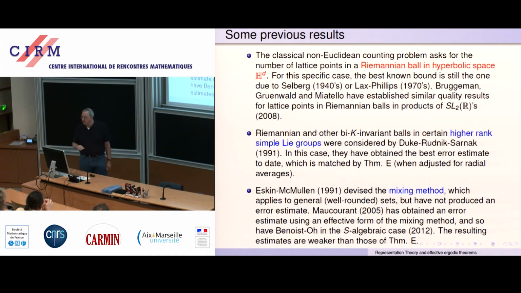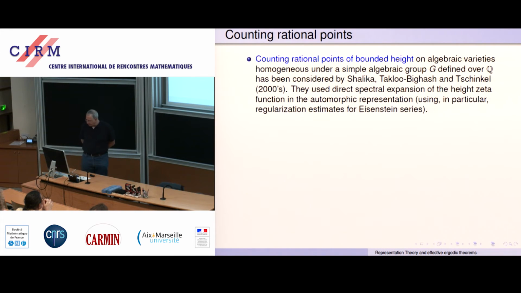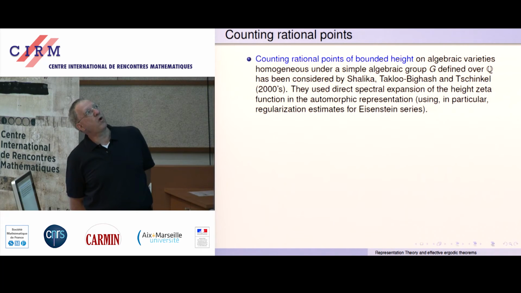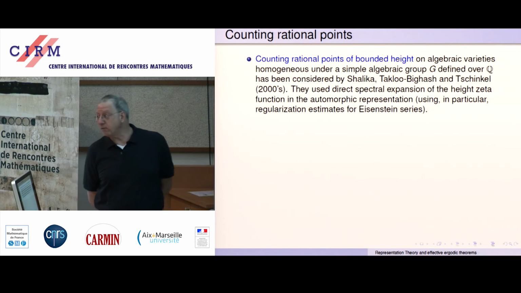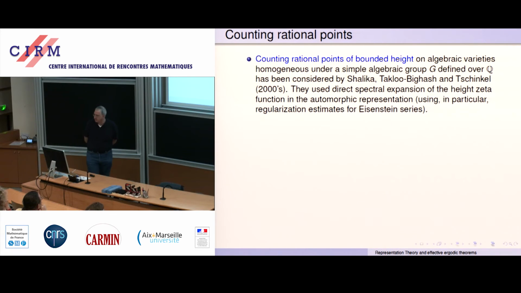If you have these ingredients, and you certainly have these ingredients for a wide variety of cases outside connected Lie groups. And so, for example, it was and it is a very interesting problem to count rational points. So one considers not the set of integer points this time, but the set of rational points.